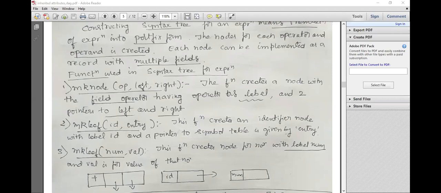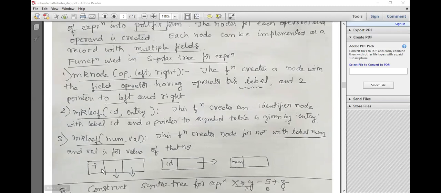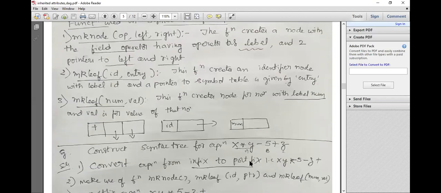We need to have left and right pointers, two pointers. In the diagram we have a plus symbol and then left and right pointers. If any identifier is there, we give an entry, a pointer to the symbol table. So ID. Make leaf num comma val creates a node for a number with label num and the value for that number. Every time, the value for that number is also expressed in make leaf num comma value.